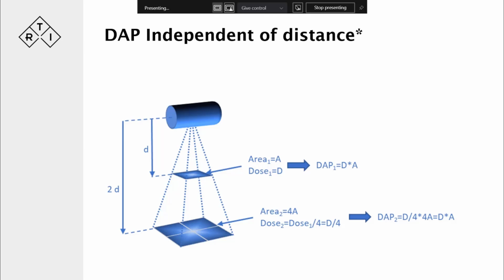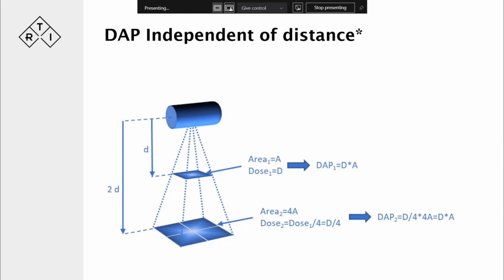All right. So the DAP at this level is D multiplied by A. What happens if we extend this to twice the distance, 2d? The area irradiated will then be 4A. That's the phenomenon of the inverse square law, and that also has effects on the dose.